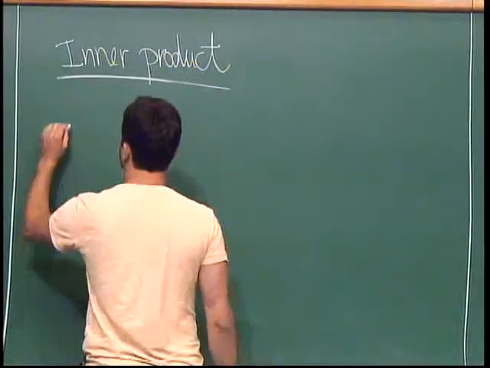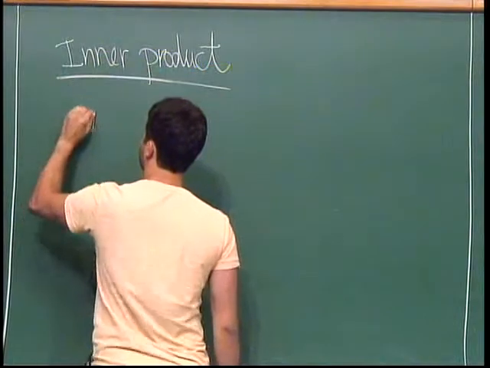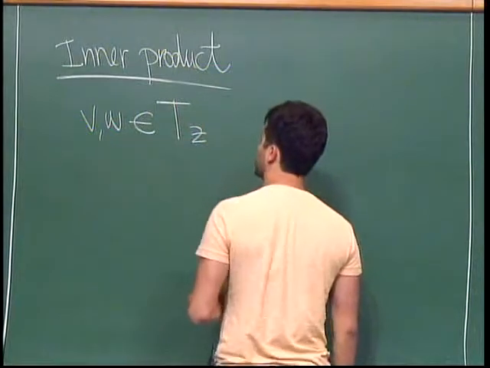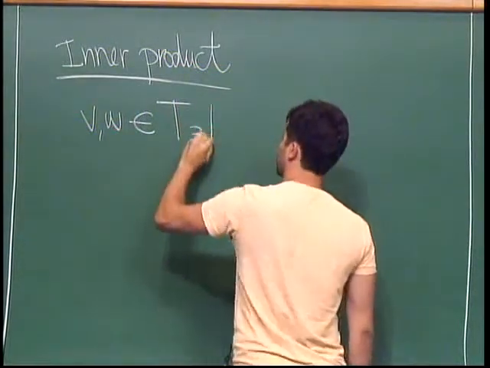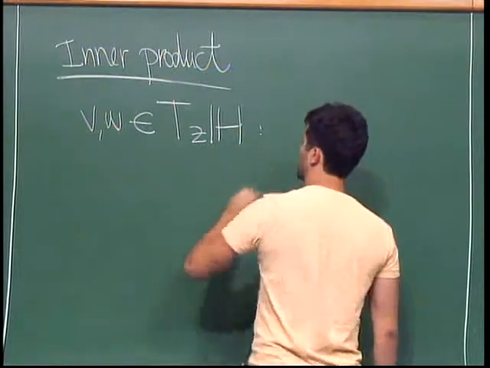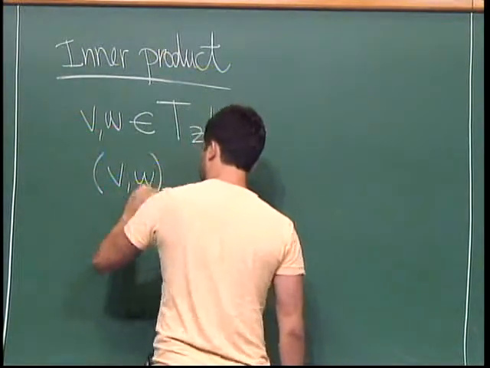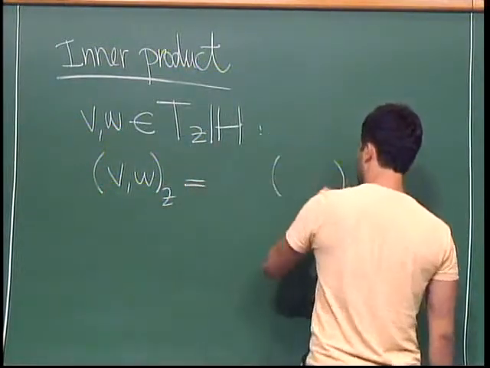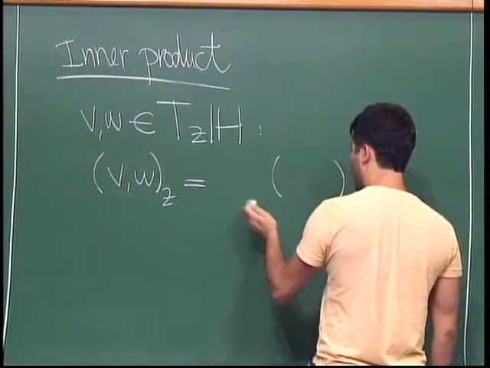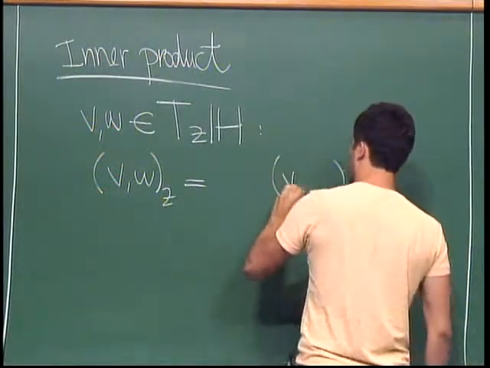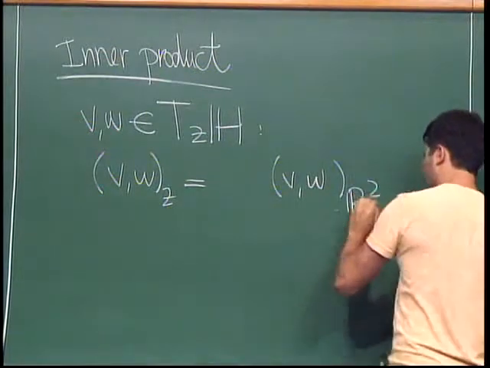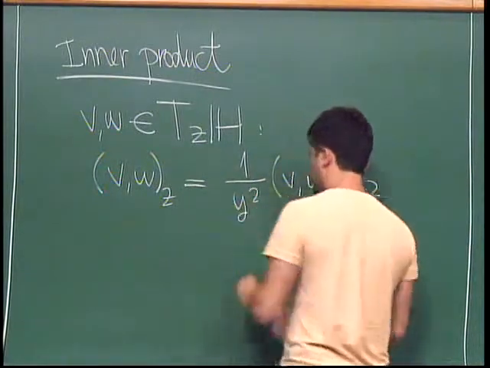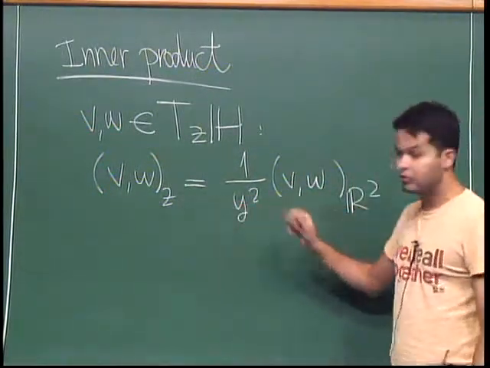So the definition of the inner product is the following. If you have two vectors in the tangent space of a point z of the hyperbolic plane, you define the hyperbolic inner product of these two vectors as a multiple of the actual inner product of R2, and the factor that you multiply by is one over the imaginary part of the base point to its square.